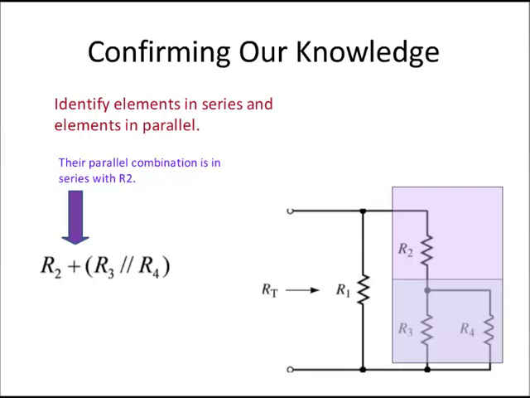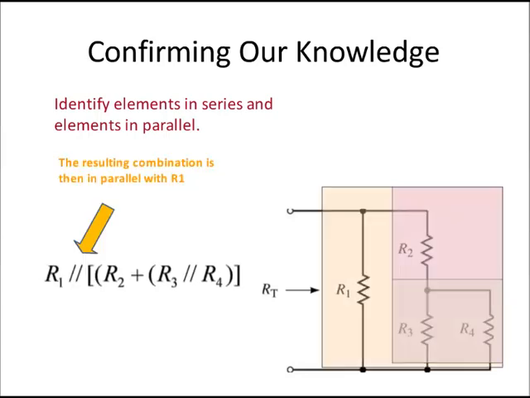So I write the equation out for that relationship. And note when I did that I put parentheses around R3 in parallel with R4, just to force myself to remember it's these two resistors here that are in series with R2.